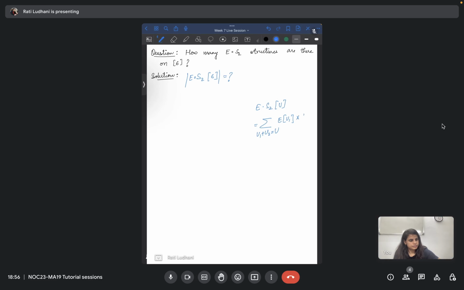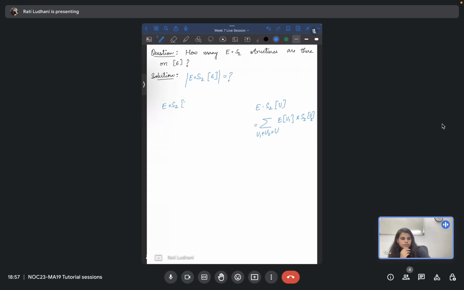So this is equal to E of S2 of the set with 6 elements. Yes, we need to calculate that, E of S2 of 6.